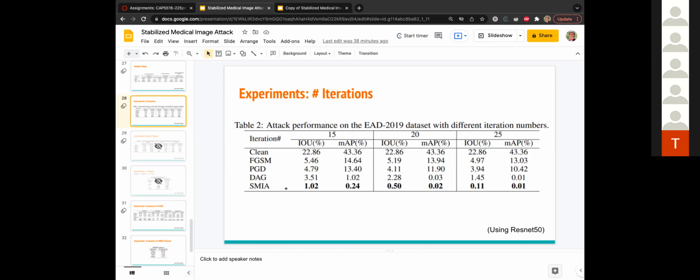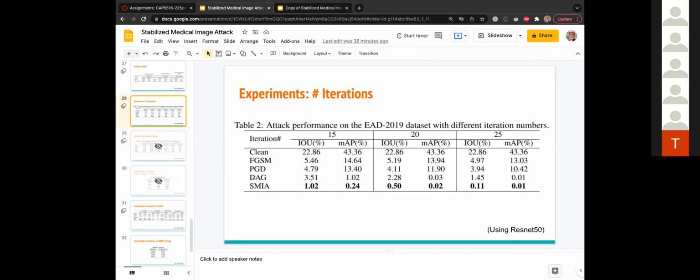Yeah, so when you're doing FGSM, you do multiple iterations to adjust how much offset you put on each pixel to figure out the best one. So they're running their algorithm, trying to show that their algorithm converges faster and gets better results, because they typically only run their algorithm around 25 times.